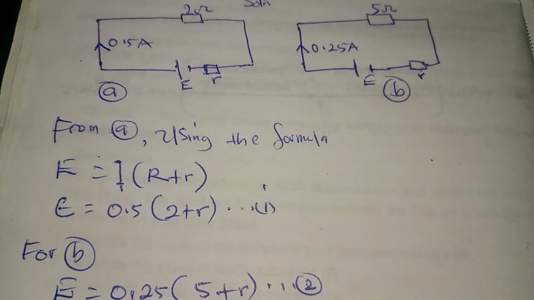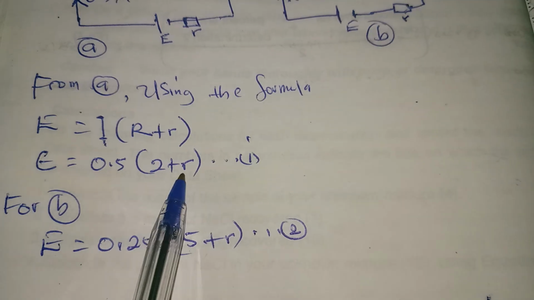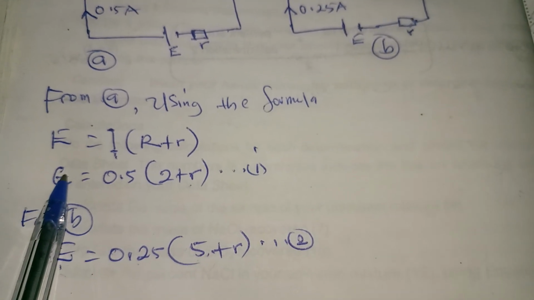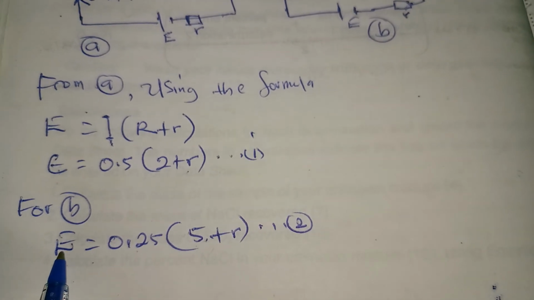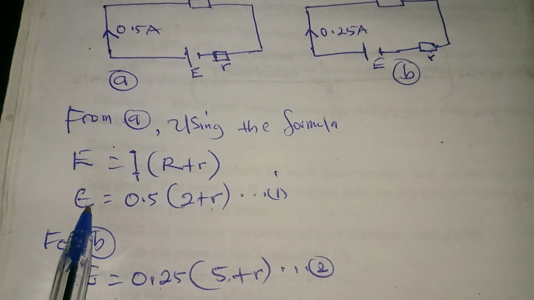So now, looking at this, since E is equal to this and E is also equal to this, the E in A can be equal to the E in B. Therefore, I'm going to equate this one to this one.